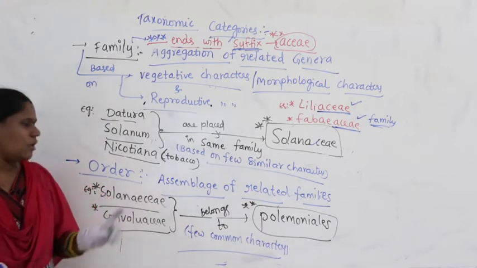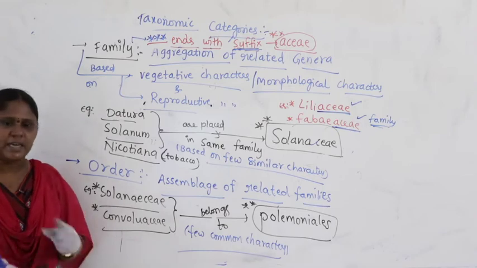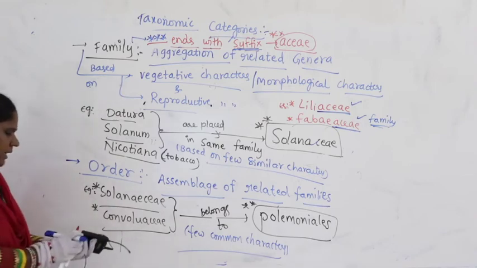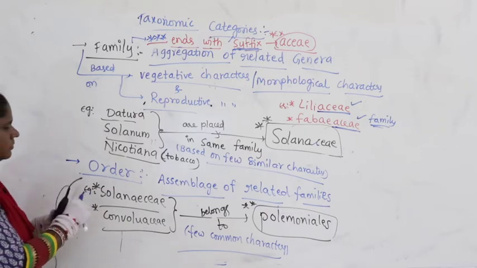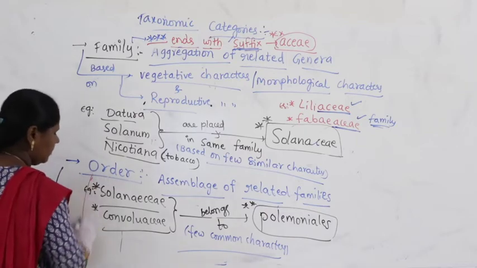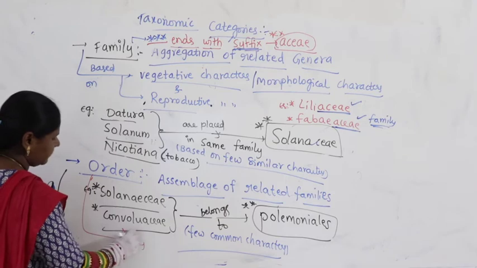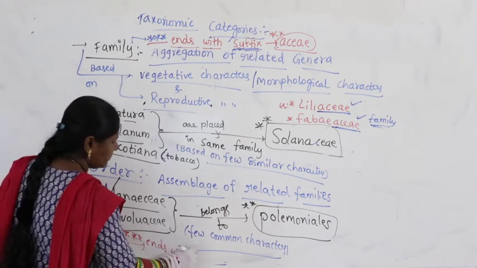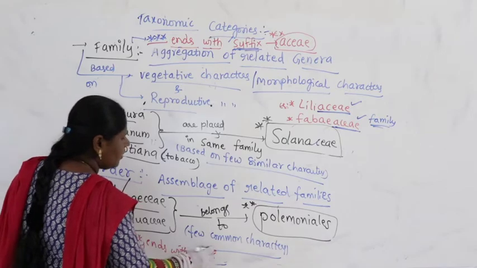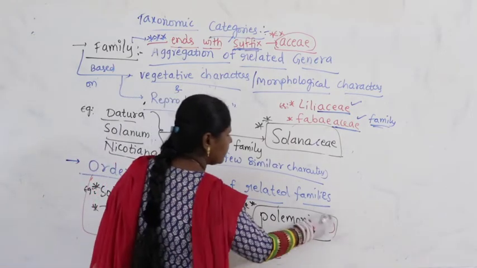For animals, order ends with the suffix Idae, but for plants it ends with a different suffix. Here I am writing it. What is the suffix? Ales.